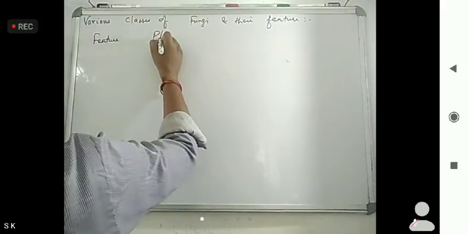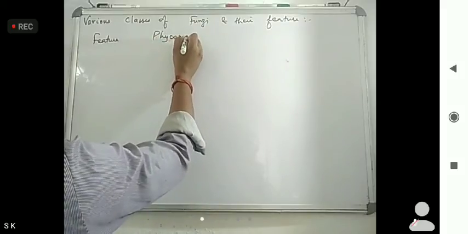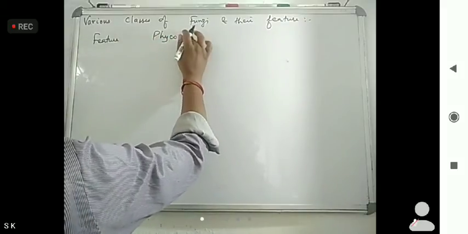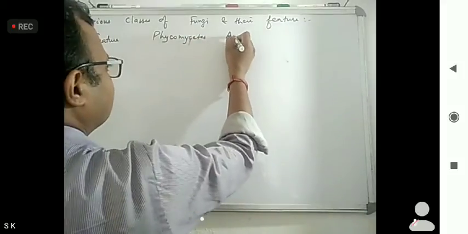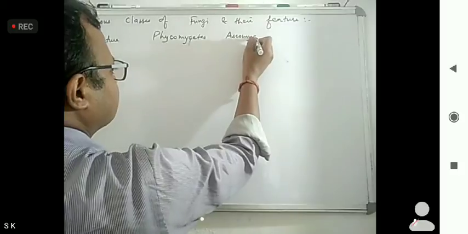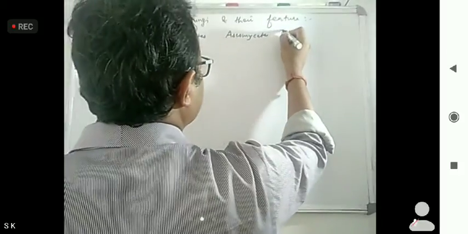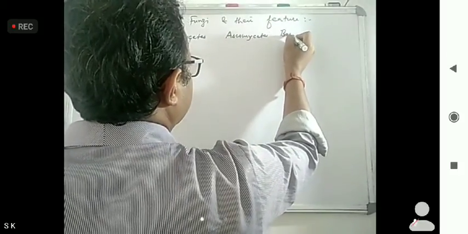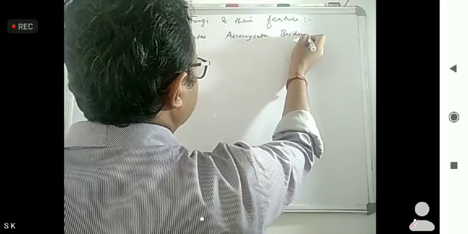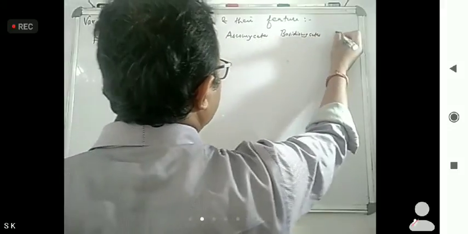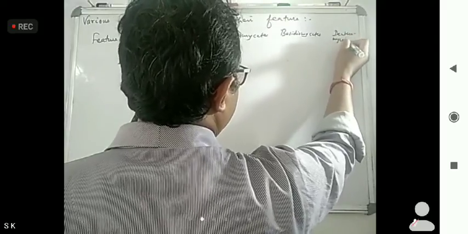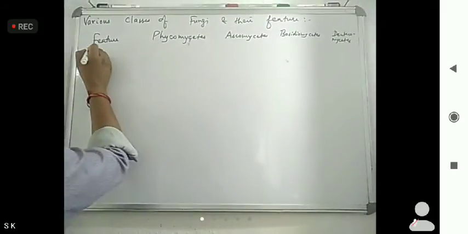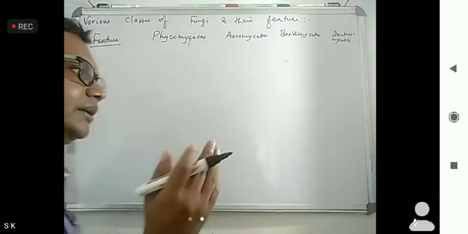Okay. So here feature is there. First we saw Phycomycetes. Then what we saw? Ascomycetes. Then Basidiomycetes. Then Deuteromycetes. Last one, mycetes. Okay. Under feature, first one is mycelium. Which type are there?